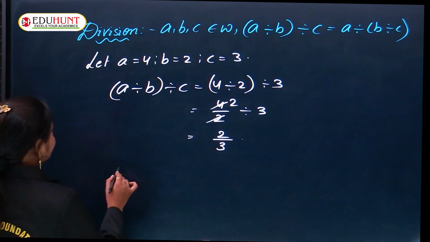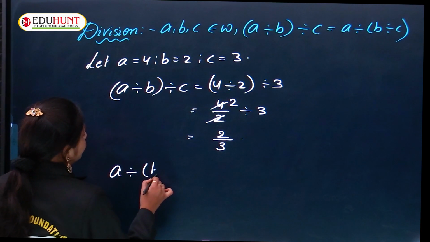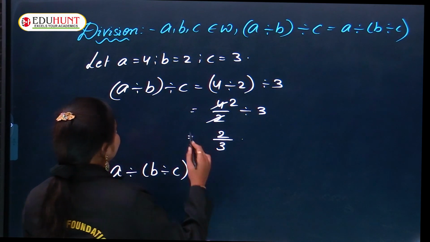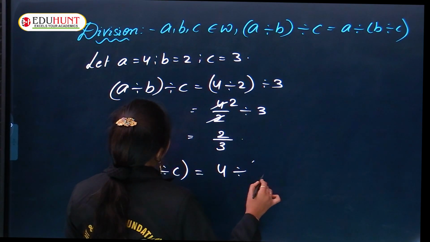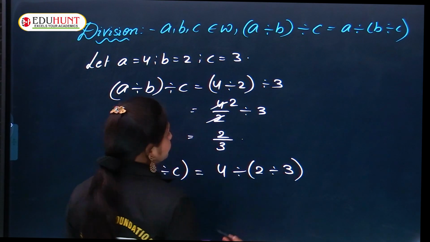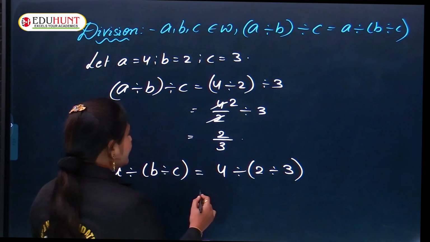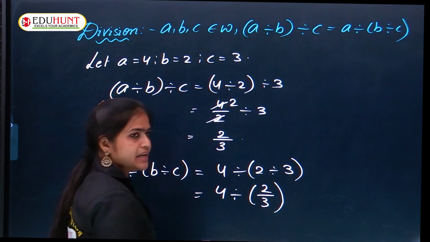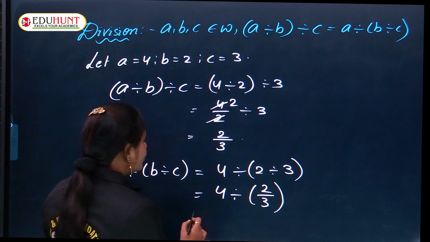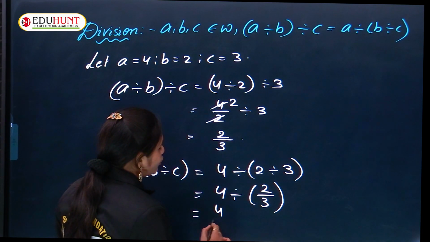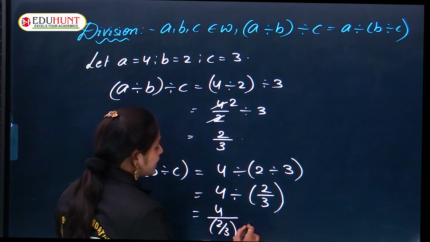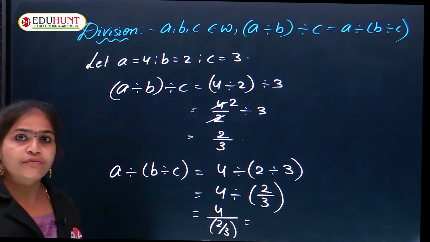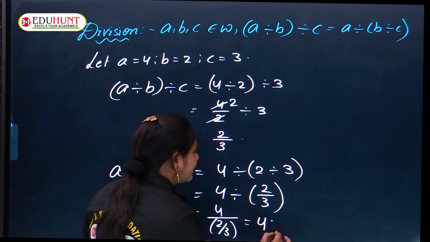Now check A divided by B divided by C. Then what will happen here? What will we get? 4 divided by 2 divided by 3. Now here 4 divided by 2 divided by 3, no cancellations are possible here. In fractions we learnt this: if we have a fraction form in the denominator, then we proceed like this.